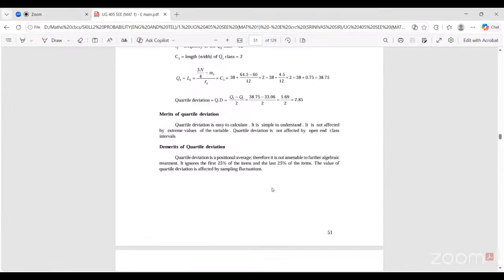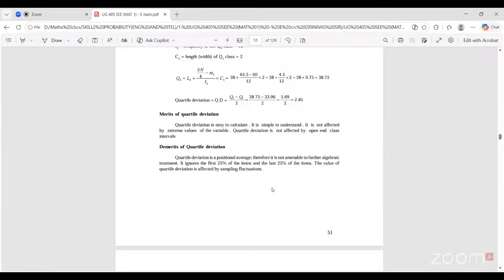So, demerits of the quartile deviation. What are the demerits? The quartile deviation is a positional average, therefore it is not amenable to further algebraic treatment.